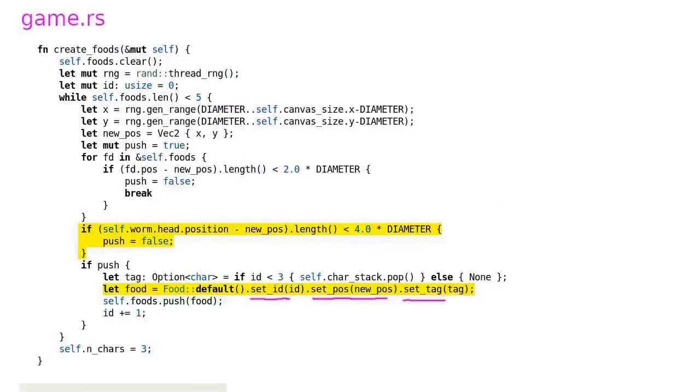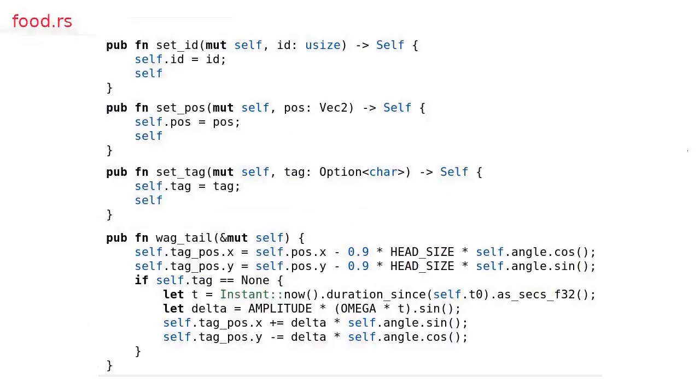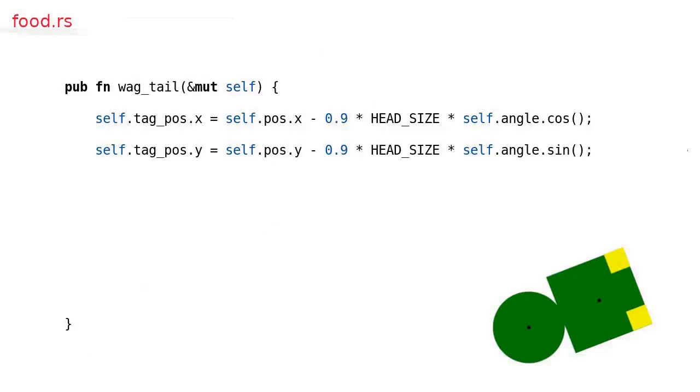Before we compile the program, we need to make some minor modifications to the createFoods method implemented for the struct game. We need to add a few methods to the food struct. Please pause the video to examine the methods setID, setPosition, and setTag. Now, let's focus on the wagTail method. The tail's position is determined by the head position and orientation.